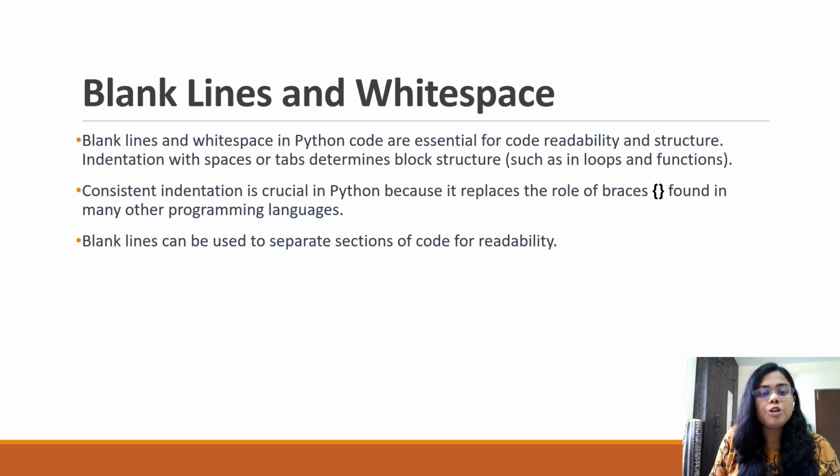But here we use blank spaces, that is 4 white spaces, to define a block of code. Blank lines are used to separate different sections of the code. Though blank lines are completely ignored by the interpreter, it is very important to give an adequate number of blank lines to help readability and maintain the structure of the Python code.